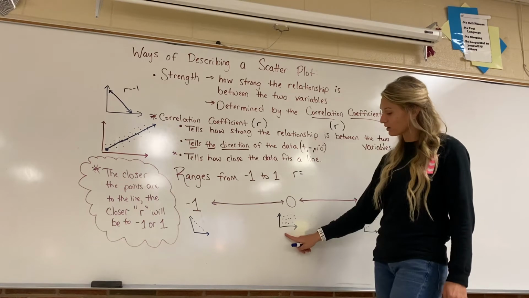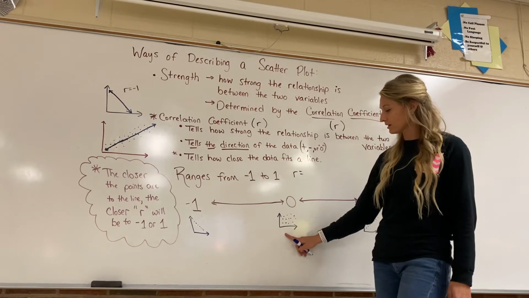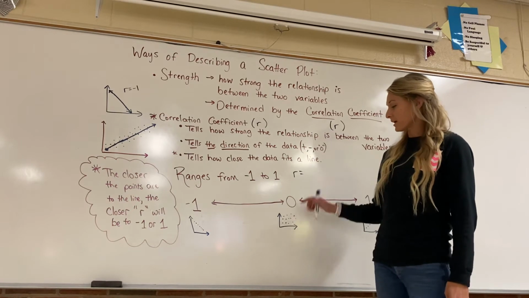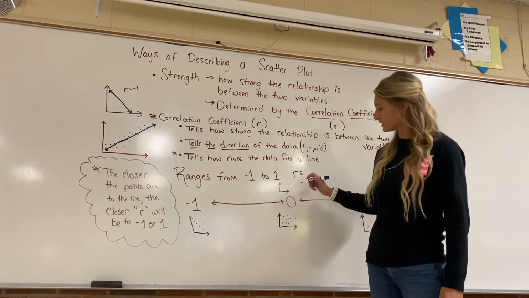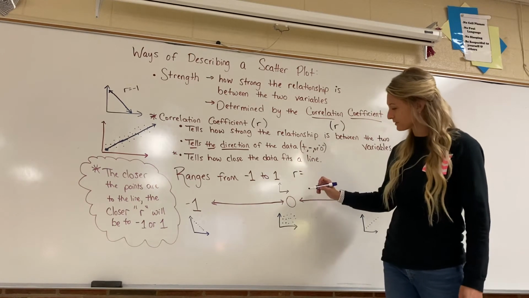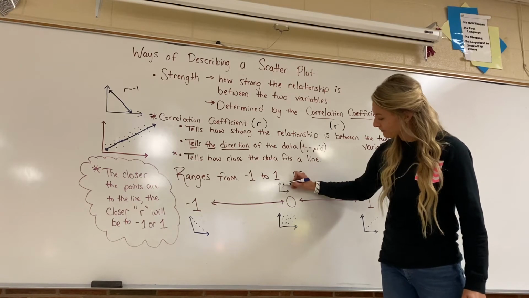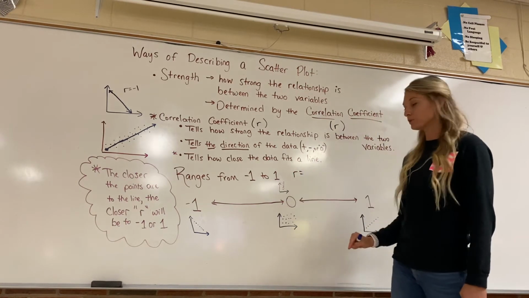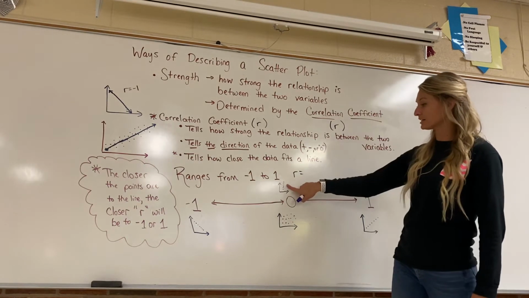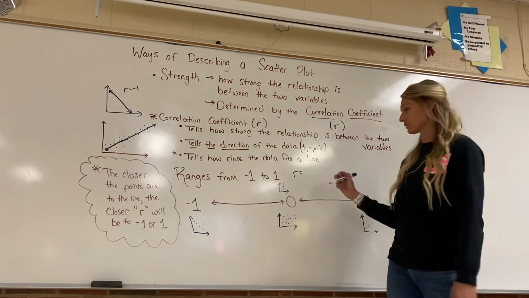And there are a couple other ways that your graph could look. If the correlation coefficient was 0, another way that it could look, and I'll just write this down because I didn't talk about it in the other video, is if you graph them and it forms kind of a vertical line going up and down, that would be a correlation coefficient of 0, because one's not technically affecting the other if it looks like that.